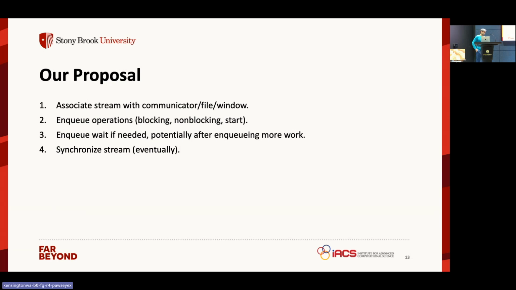That changes the execution space that the communicator is aware of. It's not the host anymore, it's the stream on which the kernel work happens. And then you enqueue operations onto that execution space, that stream, using the existing operations. You can enqueue a wait if you use non-blocking or persistent operations, and eventually you synchronize the stream, and we need a dedicated function for that as well.